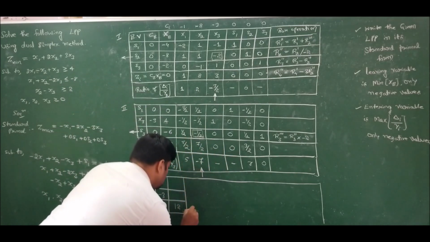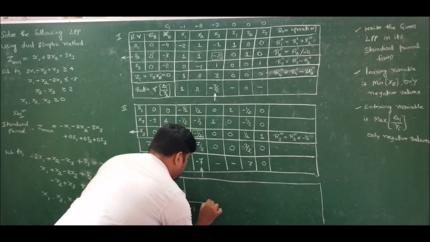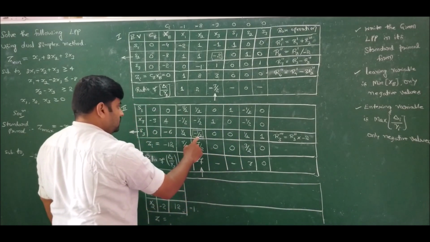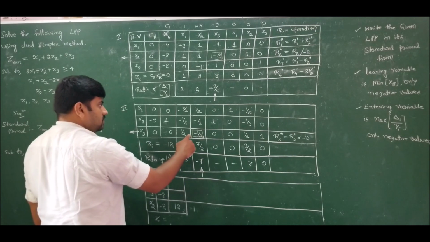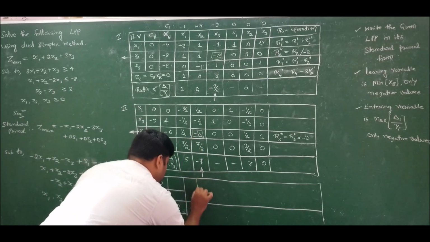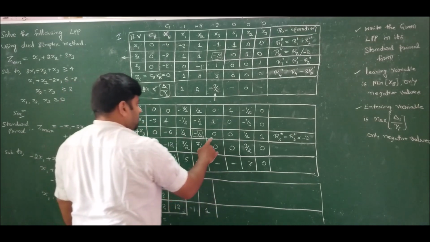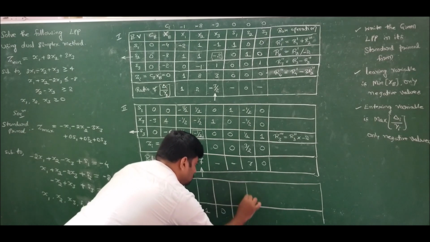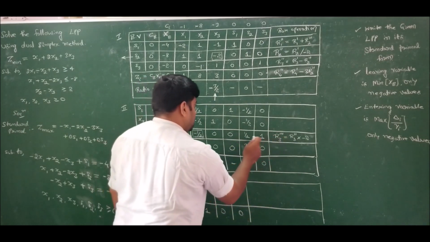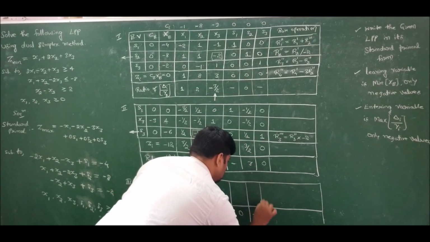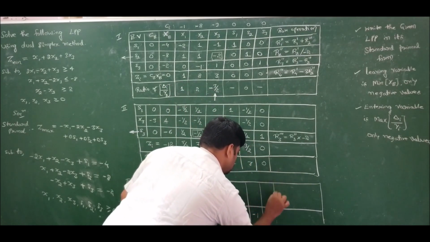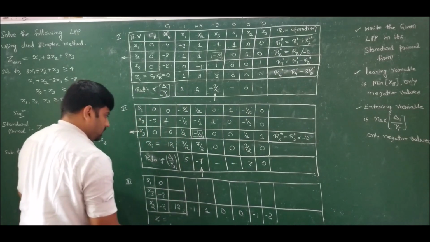We have -1. Then here 2 will get cancelled. Minus of minus is plus. We'll get +1. That is what I require. Here we have 0 into anything is 0. Here also 0. Here 2 will get cancelled. -1. We have -2. Right?